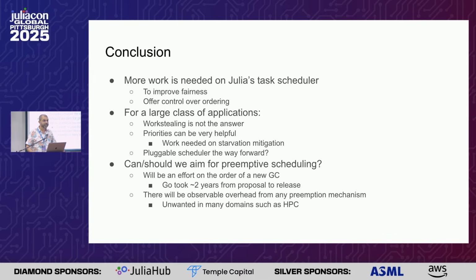Pursuing priorities and actually starting to use them gives you some more control over fairness and task ordering. Work stealing might be fine for one class of applications, but for a very large class of applications, it is not fine, and we wouldn't want it.